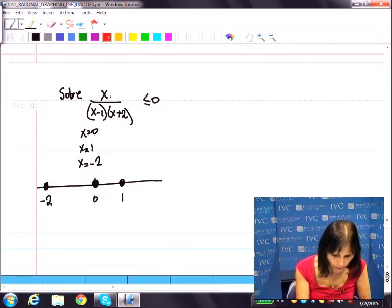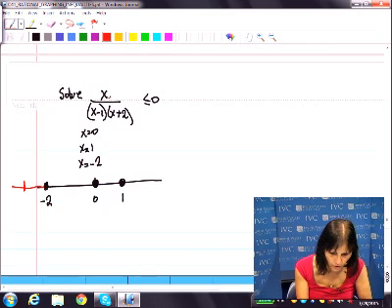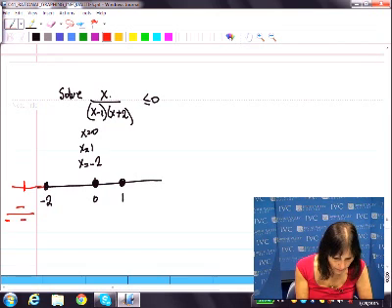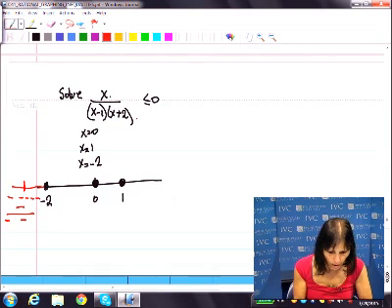Now you have a couple of regions. To see what is going on here, pick like negative 5 or something and look. So you're going to have a negative number on top, negative number at the bottom, and a negative number. Three negatives, so that's going to give you a negative. What happens to the right of negative 2?